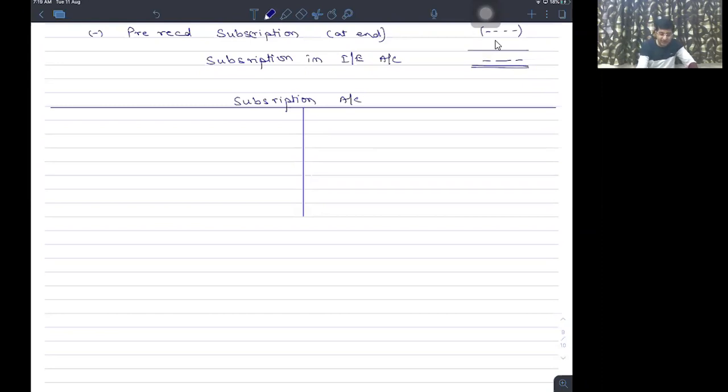So on the credit side of my subscription account, I'll be writing by bank. I am not making the distinction between subscription received related to current year, preceding year, or subsequent year. I am not making separate accounts for them; I am making only one account for subscription, and this will apply there. Right? Now, whatever is the subscription outstanding at the end of current year is the income of current year only.